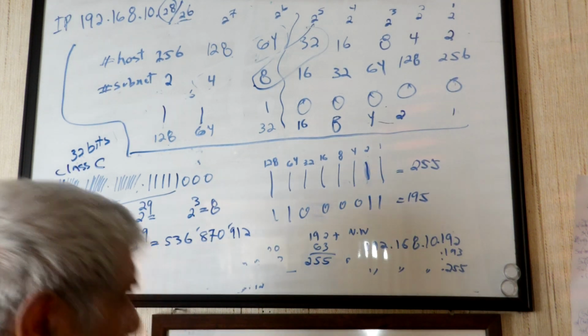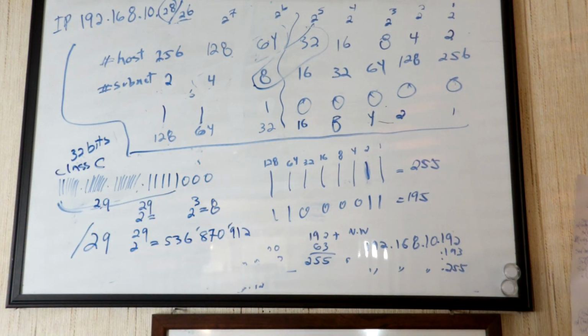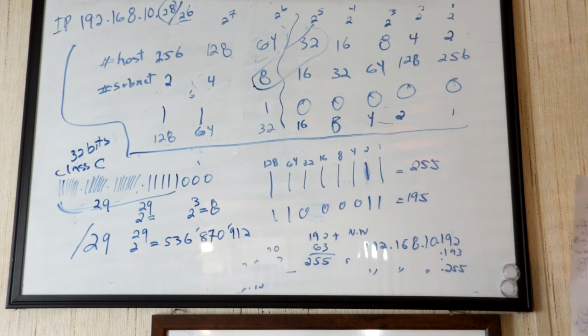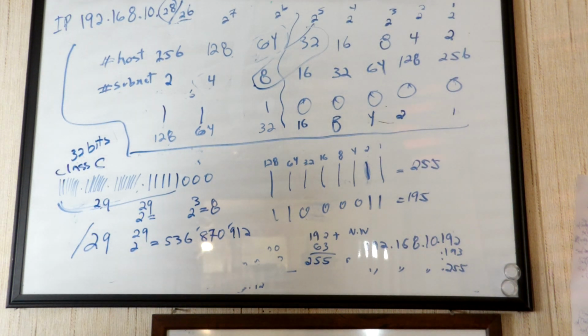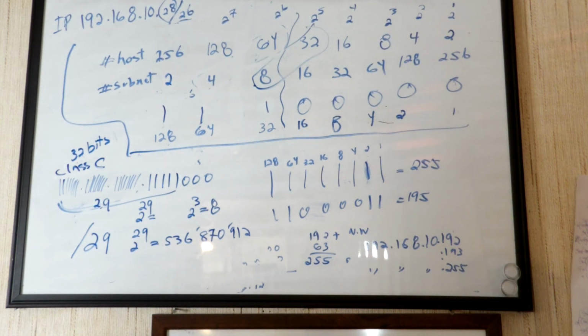We decide what we are going to do when we are in class C. What are you going to do? How many hosts? There is a company that has 60 computers, and what we need is 60 computers.